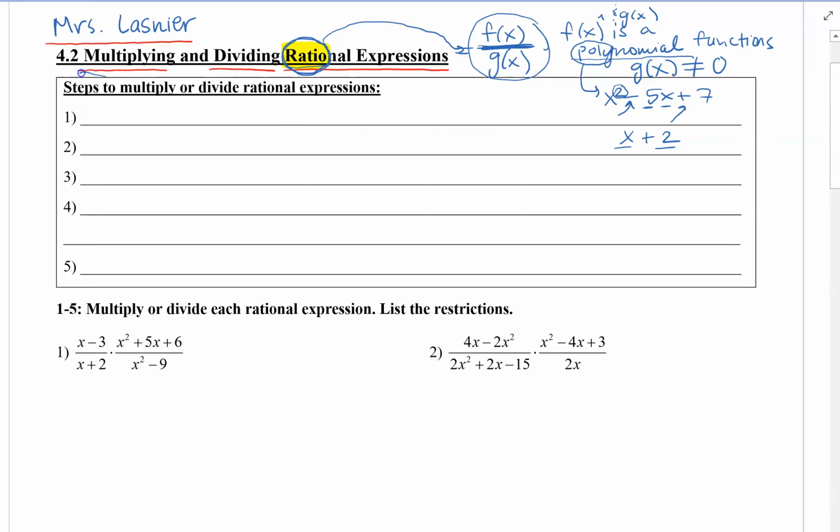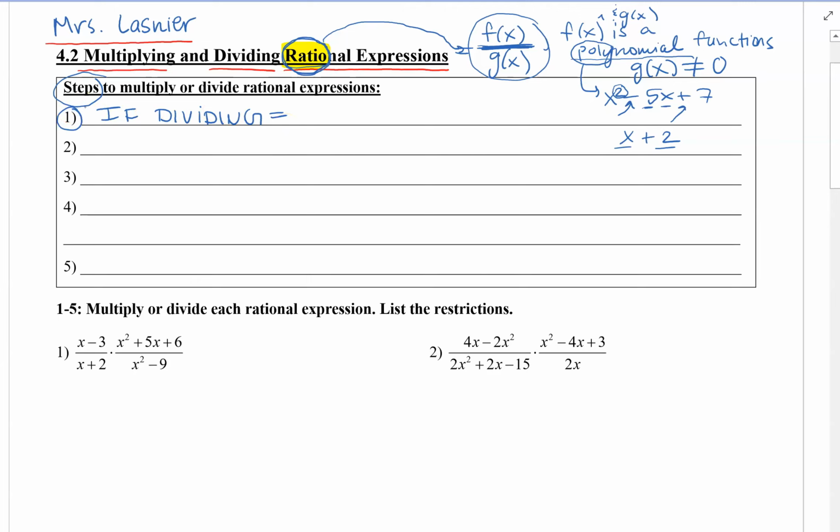So the steps for multiplying or dividing, well, first of all, let me say this. We can turn any one of these problems into a multiplication problem. So I'm going to tell you that first. If your expression is a division problem and not a multiplication problem, then the first thing you would want to do is just turn it into a multiplication problem.